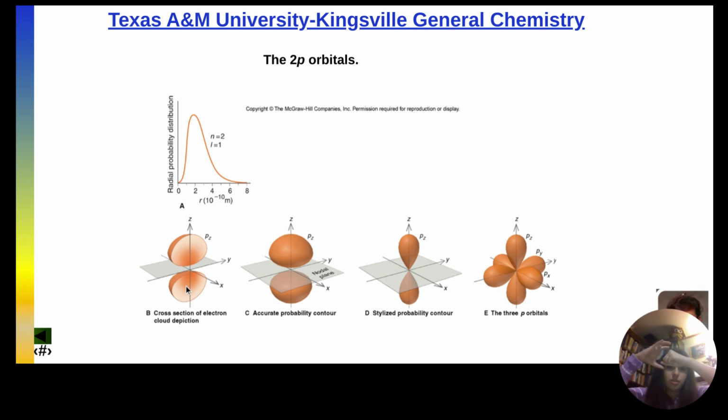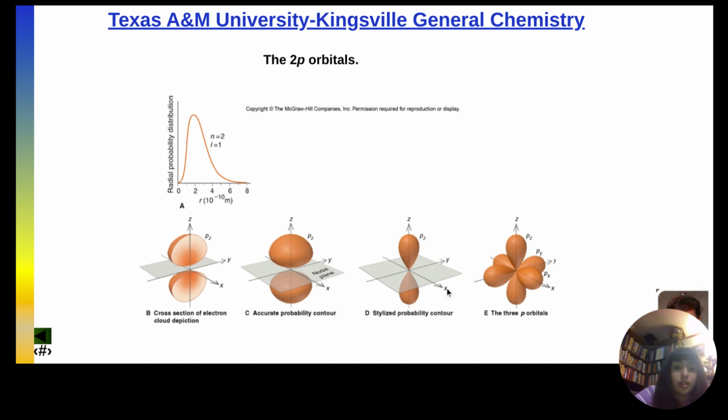Your electrons are not in one space. It's kind of just a general area. Say this is your electron cloud, and here are your protons and neutrons. You cut that in half, and this is what it's trying to show you. The accurate probability contour is trying to show you the curves of this electron cloud.